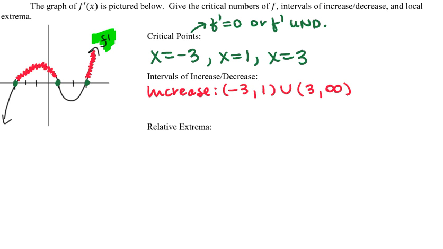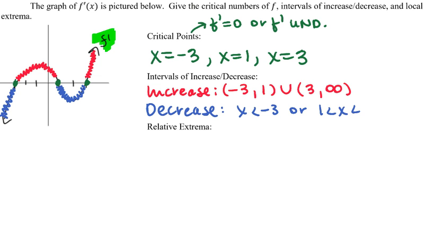Okay, then when I'm interested in the places where f is decreasing, well, that'll be over here where the derivative is negative. Okay, so that's x is less than negative 3, or x is between 1 and 3. You can write it however you like. They're the same.